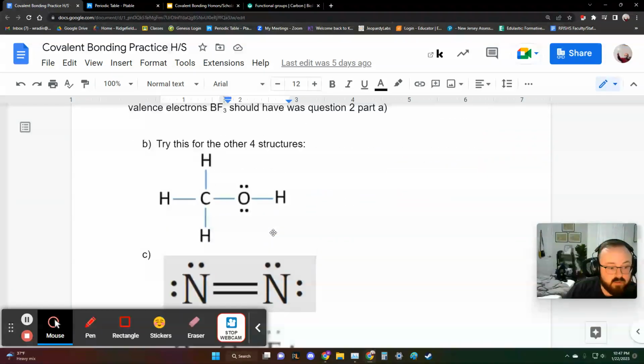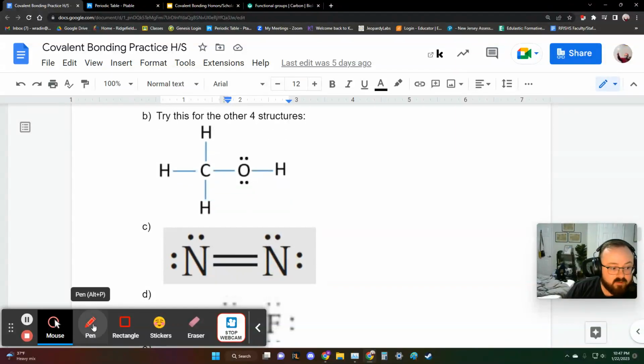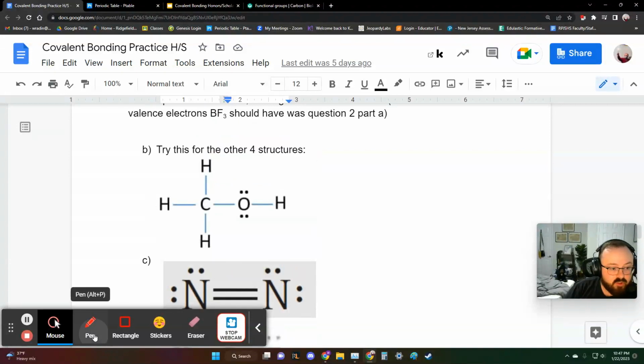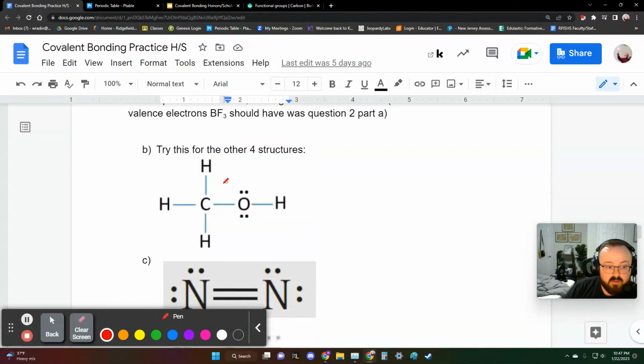Just more examples. I'm going to do these 2 examples here, just to show you. So here is our methanol right here. We count 1, 2, 3, 4, 5, 6, 7, 8, 9, 10, 11, 12, 13, 14. 14 valence electrons. This one passed rule 1 earlier.